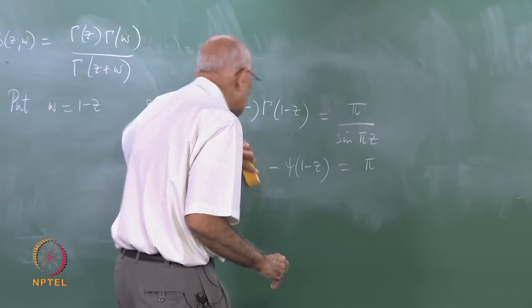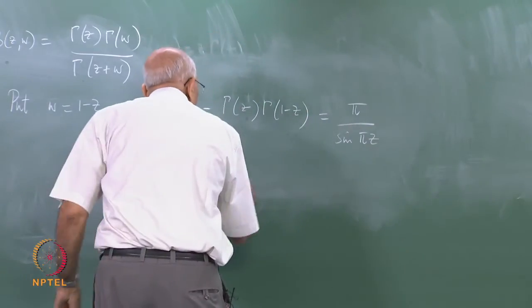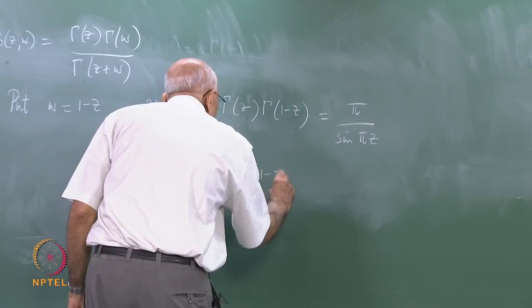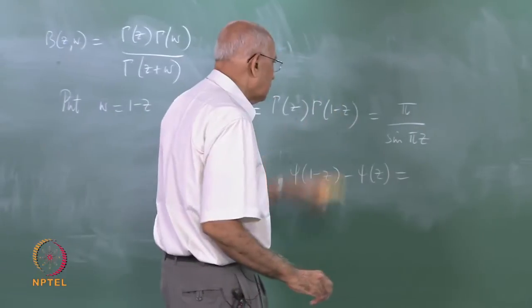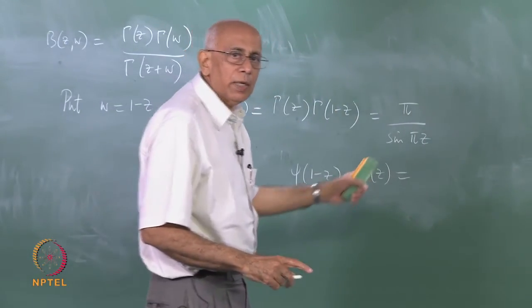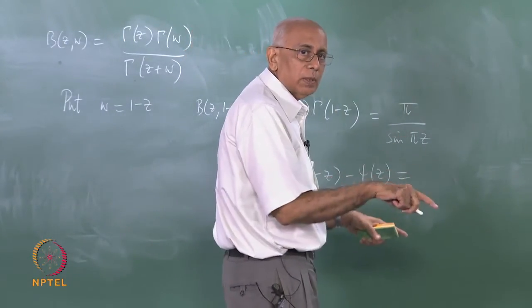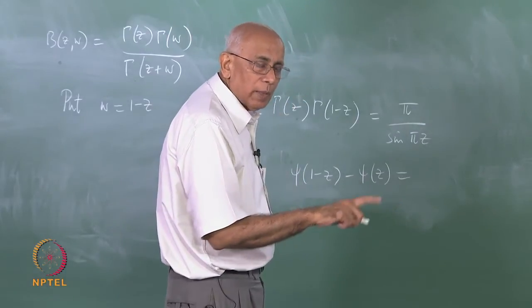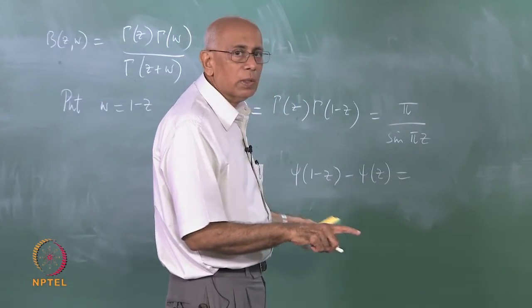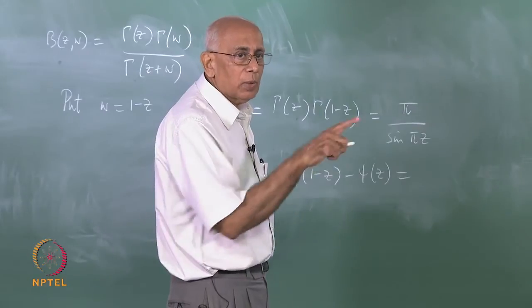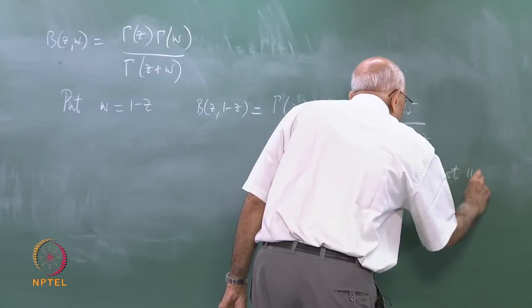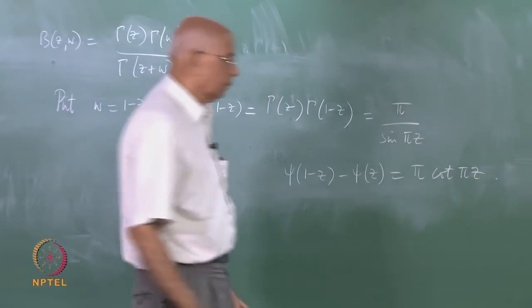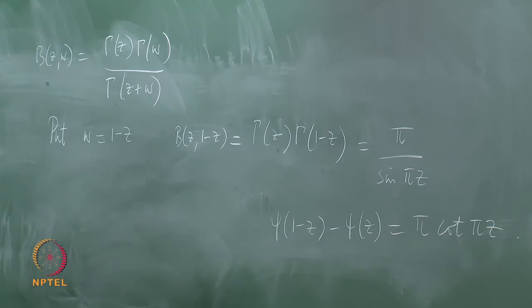So it becomes psi of 1 minus z minus psi of z on this side is equal to the derivative of log pi over sine pi z, where pi does not get differentiated, and then I differentiate the log sine, so there is a minus sign, which I got rid of, you get a sine in the denominator, a pi cos on top, so this is equal to pi cotangent pi z. Another identity, if you like, the reflection formula for the psi function.